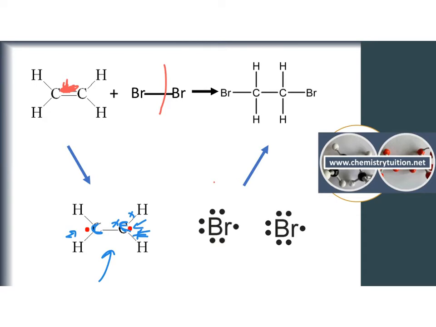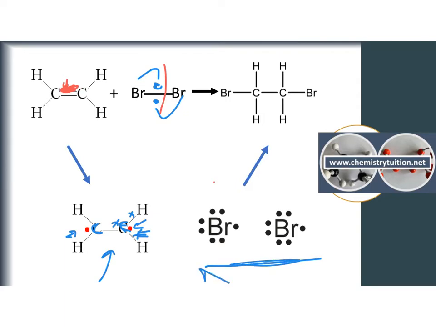And we'll also end up with 2 bromine atoms because the bromine-bromine bond has split. Of the electrons that were in this bond, 1 has gone to that bromine and 1 has gone to that bromine there. So now each bromine has 7 electrons in its outermost shell.